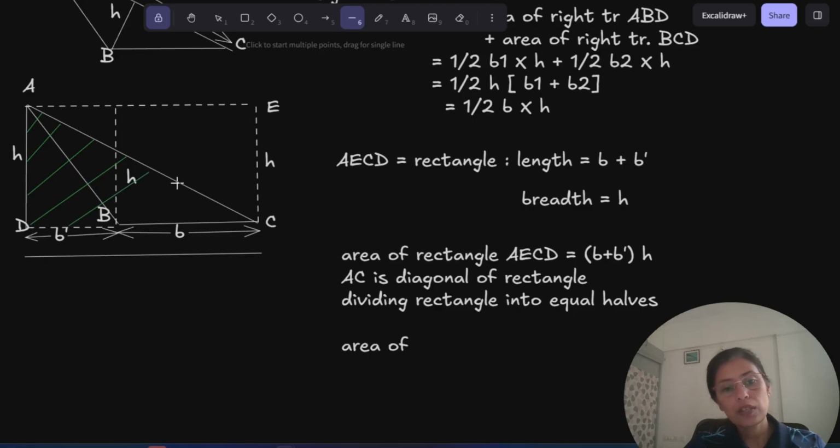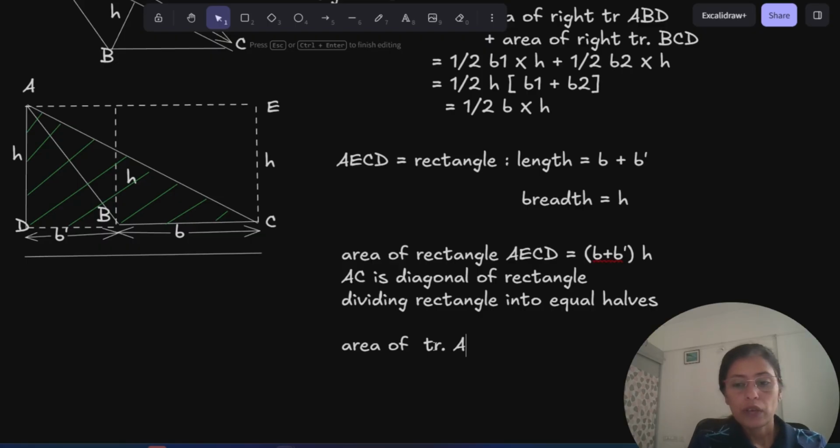Right, if you see this area, this triangle, which I have shaded with this green, the area of this triangle, what will it be? The area of triangle ADC is equal to half of the area of rectangle.